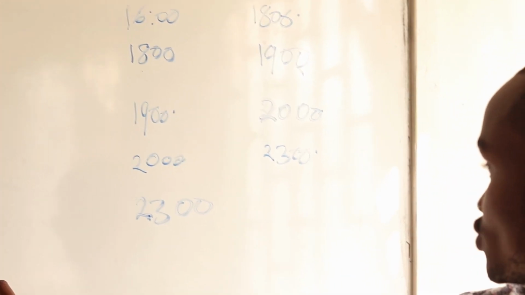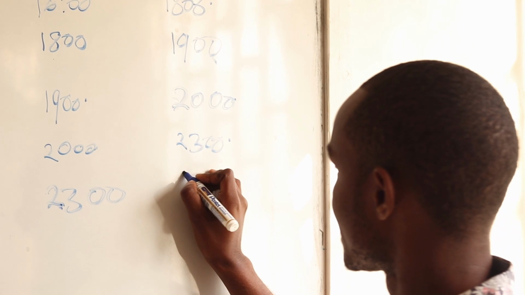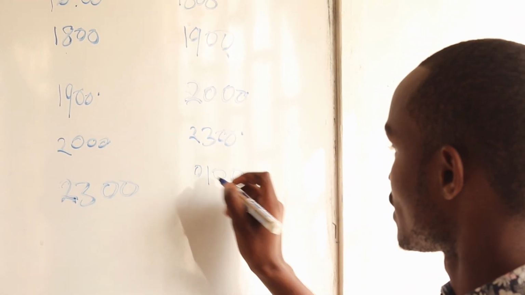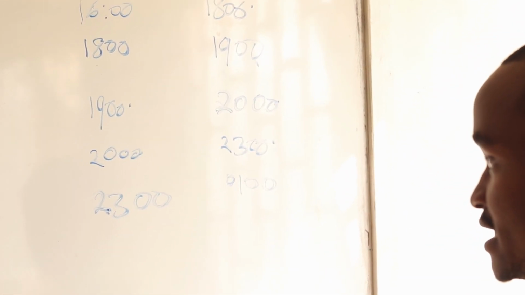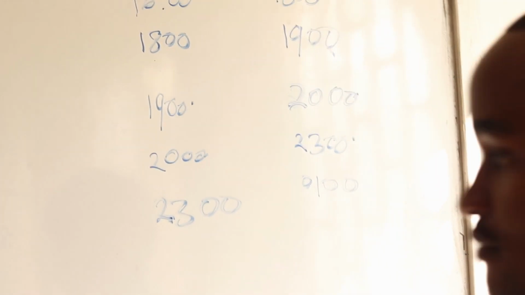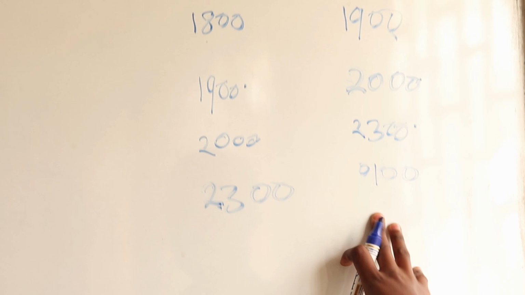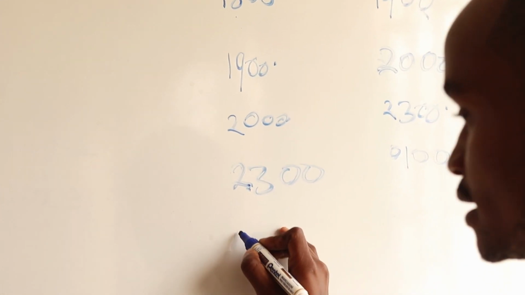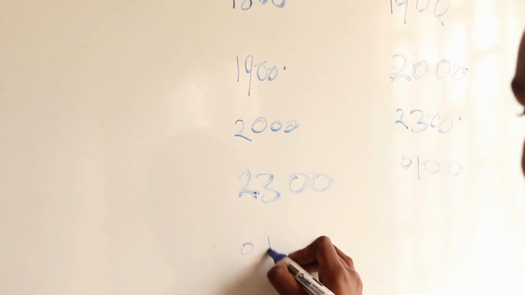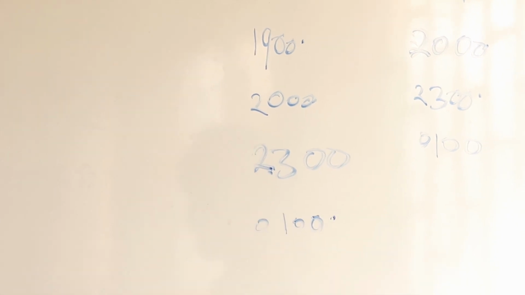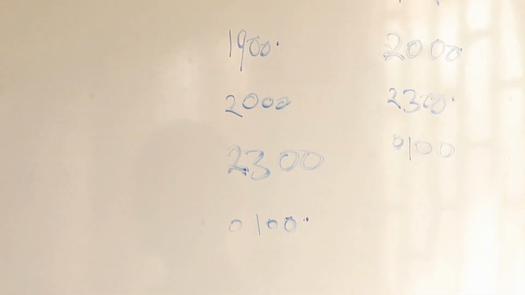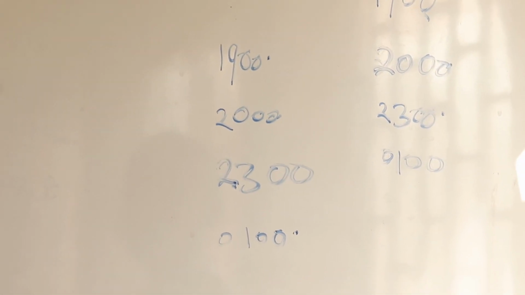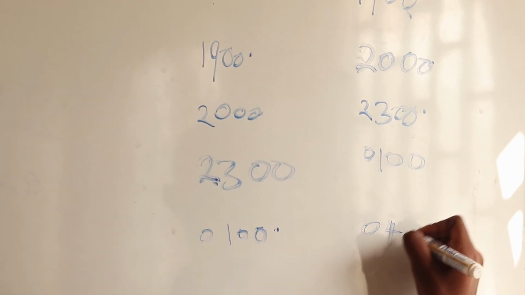It takes him 2 hours to repair that machine, so he'll end at 01:00 hours. And then the next broke down at 23:00, but the engineer is only available at 1. So he will start at 1, and he'll complete it after 3 hours, which will be at 4.